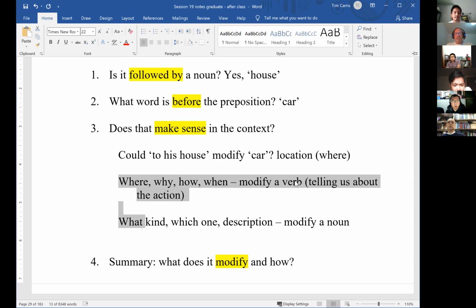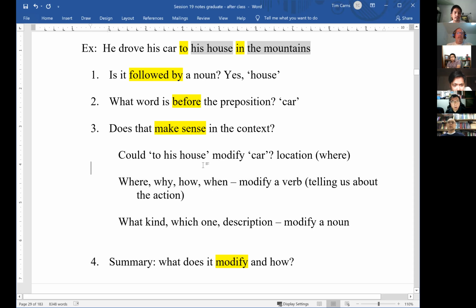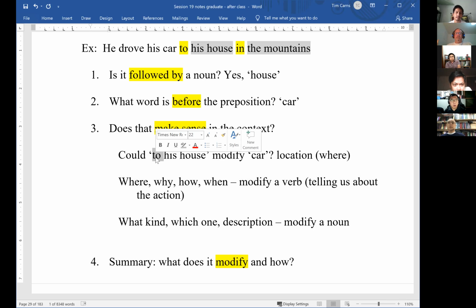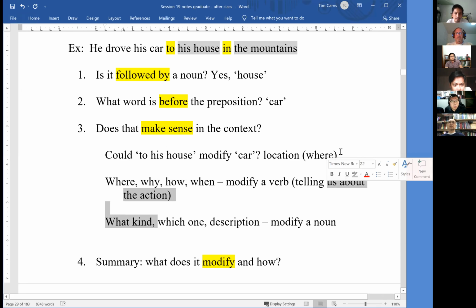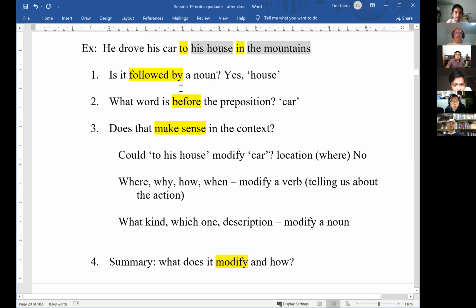So we would say, could to his house modify the car, meaning it would have to be telling us something about the car. But that word to isn't used as a description. It's used to give a direction or sometimes a purpose. So we would say no to the first one. And then we have to go, okay, so it's not car, so I need to look at the next word, which is drove.